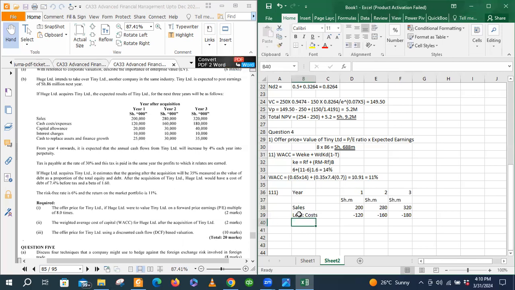We also less interest, and later the capital allowance to add the DTS. So interest is 10, 10, 10, negative 10 each year.